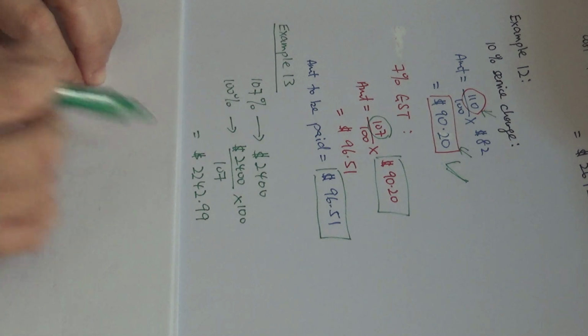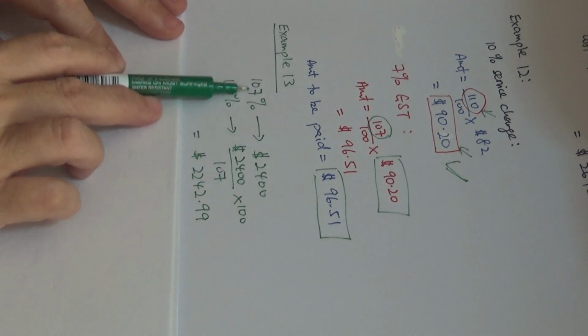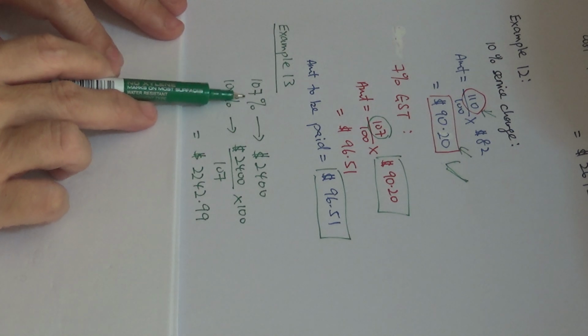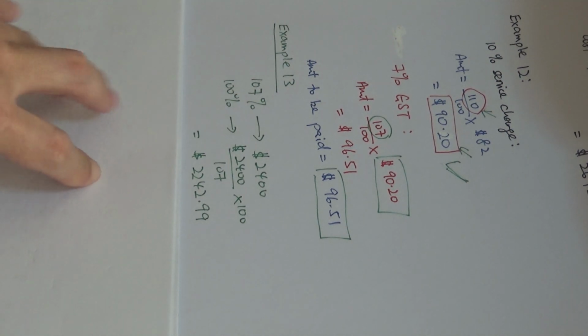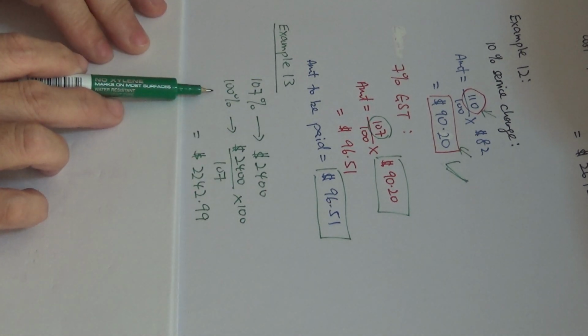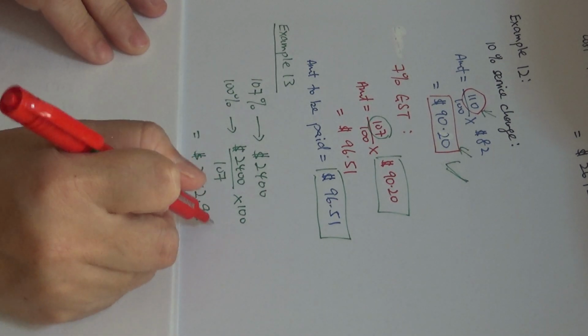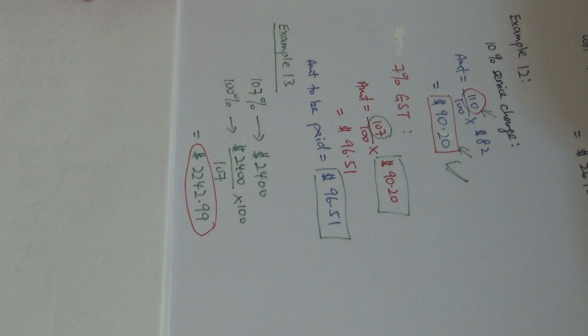Now that means this 2,400 has already included the GST, so it's 107%. I'm finding 100%, the original amount. So I take this over this times this. Therefore, I get this answer, 22,242.99.